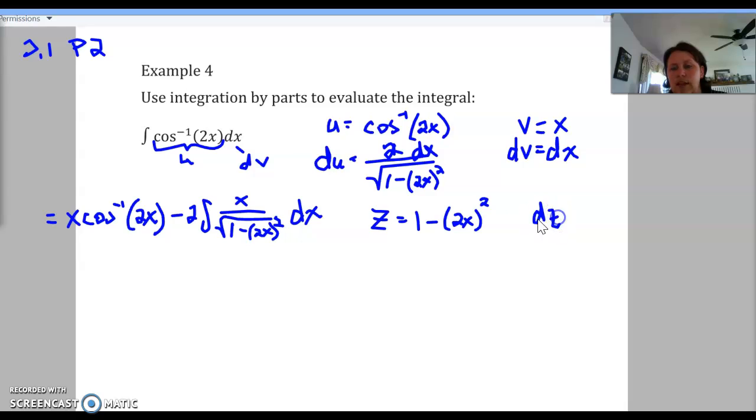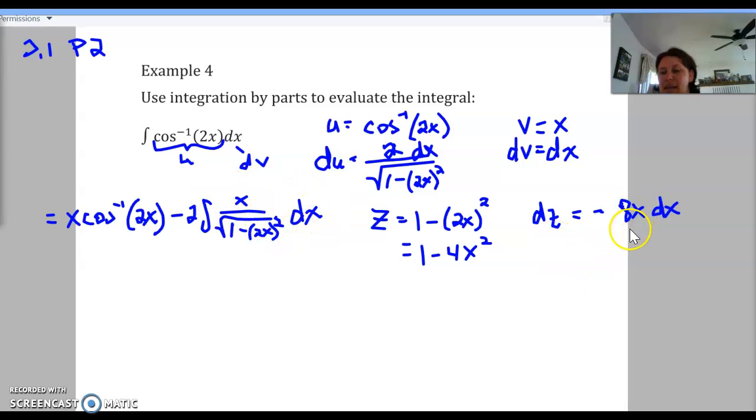This x up here actually gives us some more freedom to use some substitution here. Let's rewrite that a little better so we can take the derivative: 1 minus 4x squared. So dz is going to equal negative 8x dx. Now we do not have an 8 over here that we can substitute in, but we do have the x dx, so that's where that x dx will go.